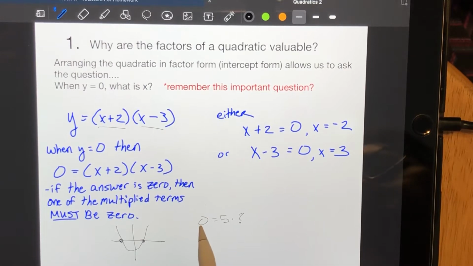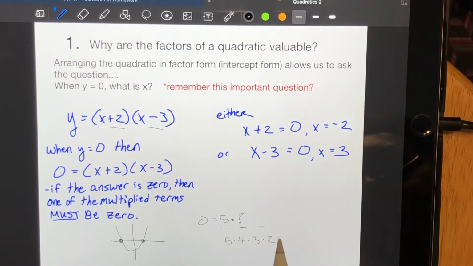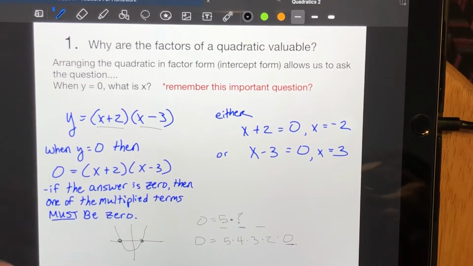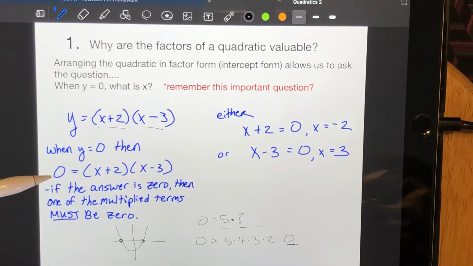There is no way to get a multiplication problem to have the answer of 0 if one of the terms is not 0. So it doesn't matter how many terms I have. As long as one of them is 0, I will get the answer of 0. So in the same way, we use that same logic to apply to our factored quadratic.